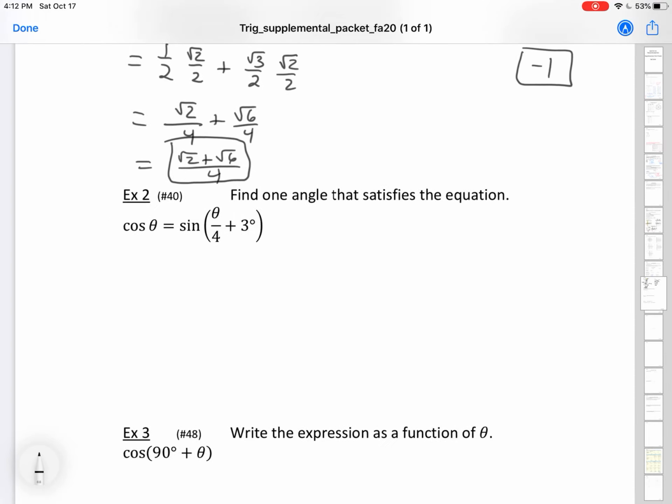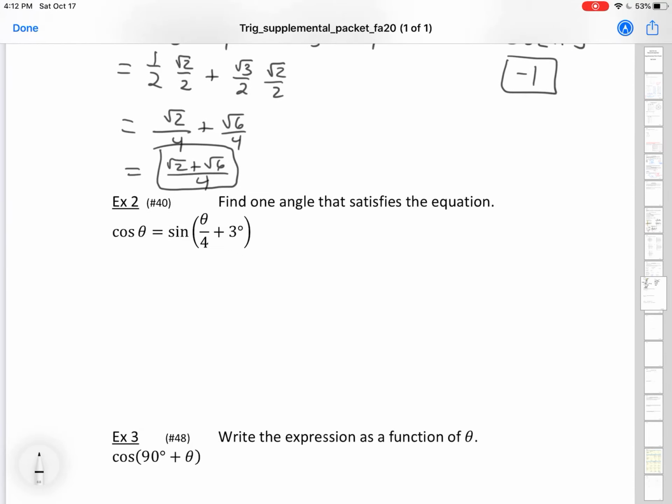And so, well, what we need is a cofunction relationship. So maybe you don't remember, but the cofunction for cosine, I hope you remember, is sine. And we remember from our first exposure to it, it was in degrees, so we're going to have it in degrees here as well because of the 3 degrees. So I'm trading out cosine theta to what it is from its cofunction relationship that we learned for the first exam.